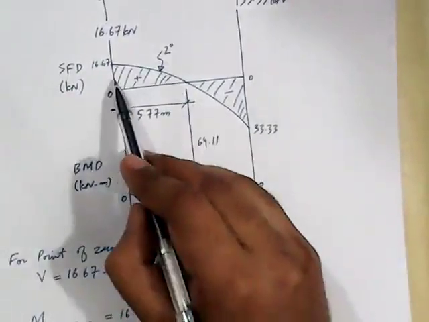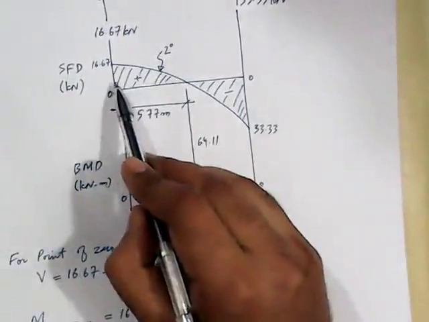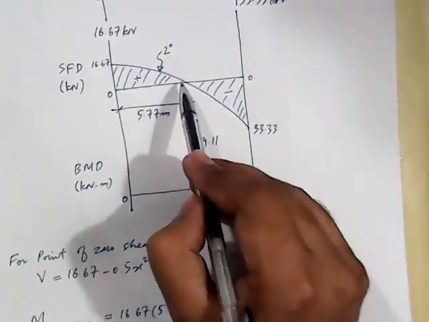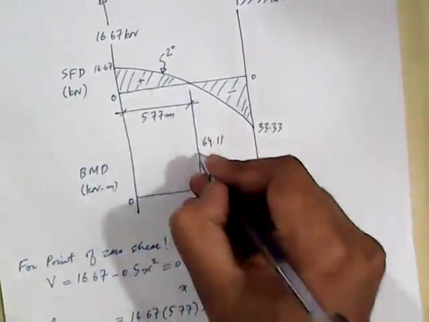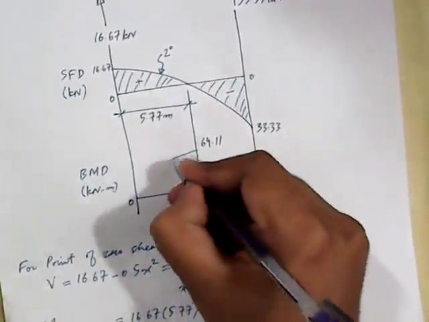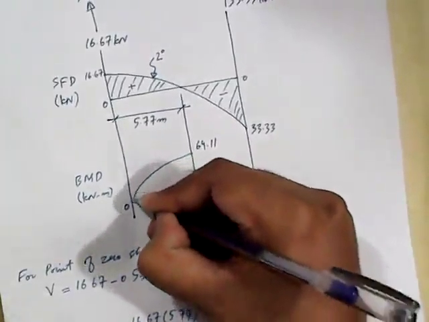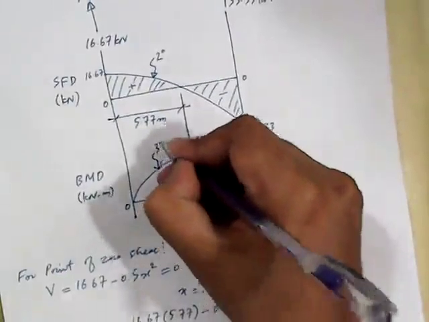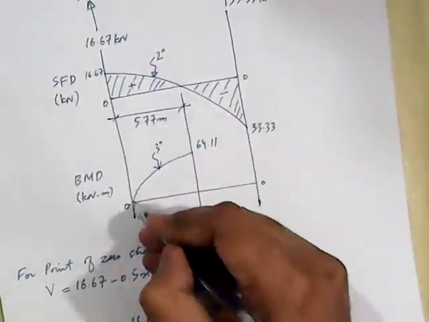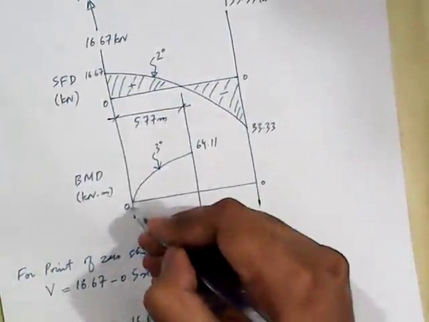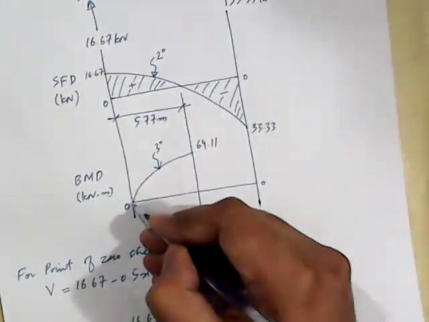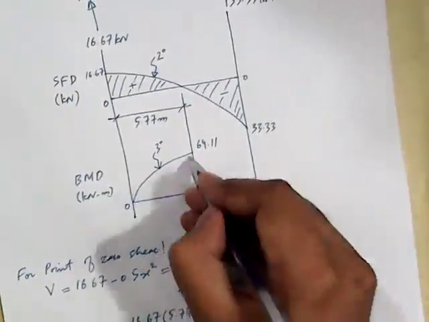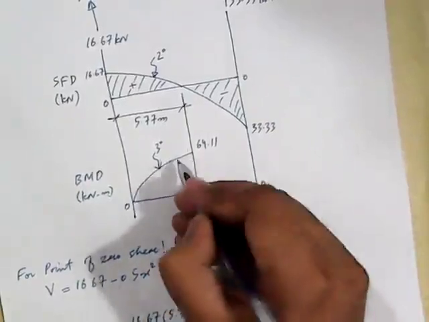As the magnitude of the shear force diagram is decreasing in this direction, the slope of the bending moment diagram should also be decreasing. We have a third degree line whose slope is decreasing. It has maximum slope at this point and minimum slope at this point.